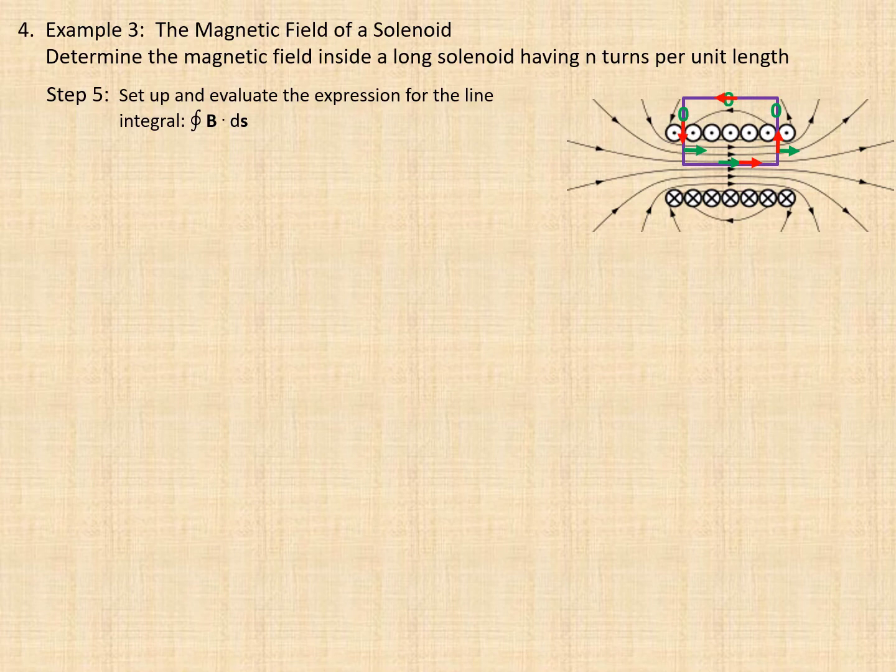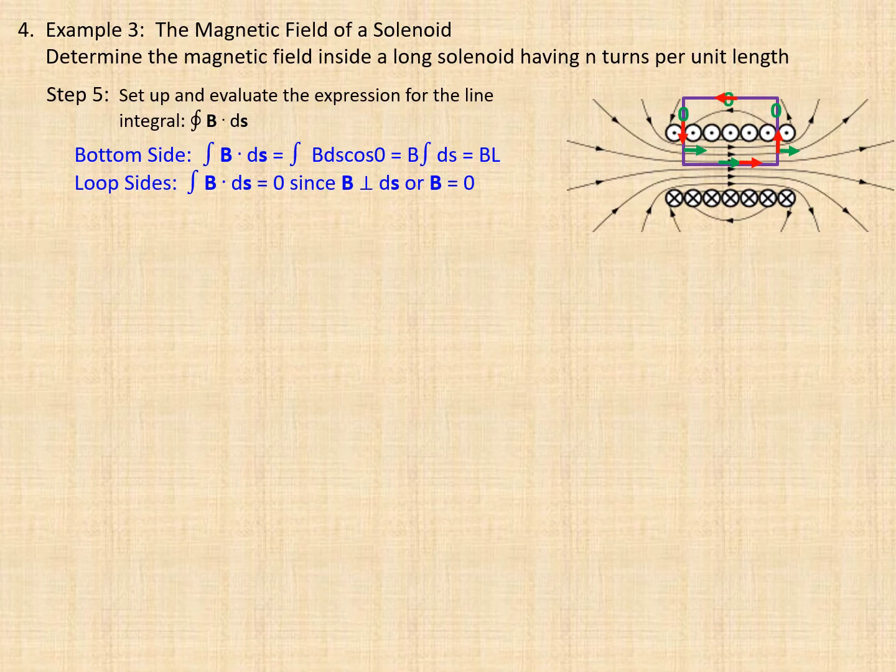Starting with the bottom portion of the loop, when we evaluate the line integral, we notice that the field is uniform for that entire portion of the loop. It has a constant value. We notice that it is in the same direction as ds, so the argument for the cosine function is 0. So the line integral takes on the very simple form of B times the side length L.